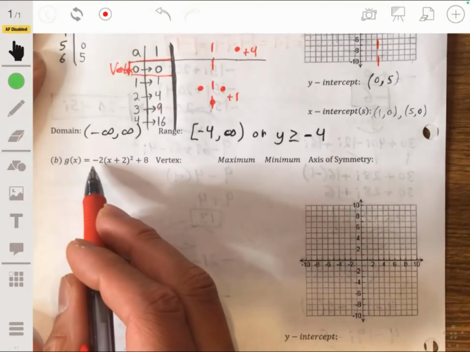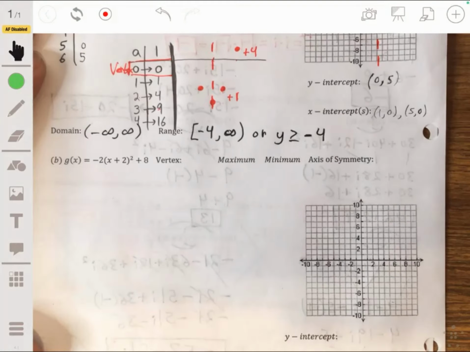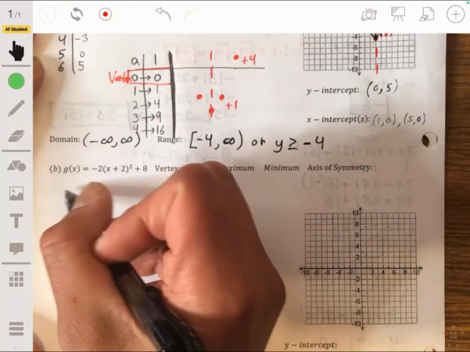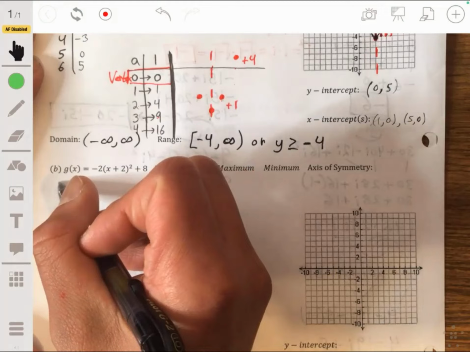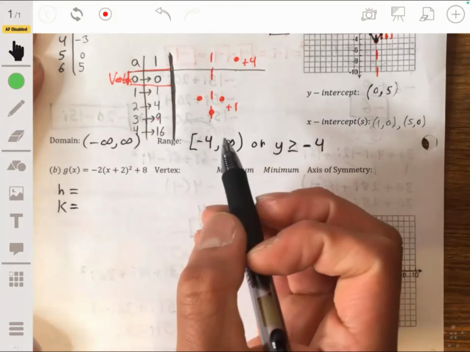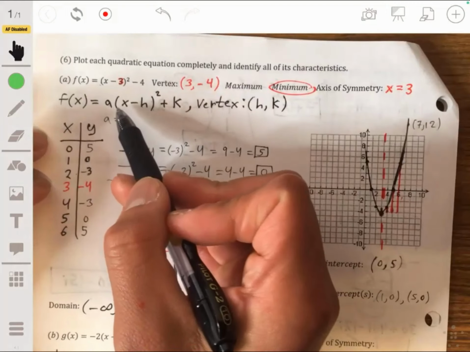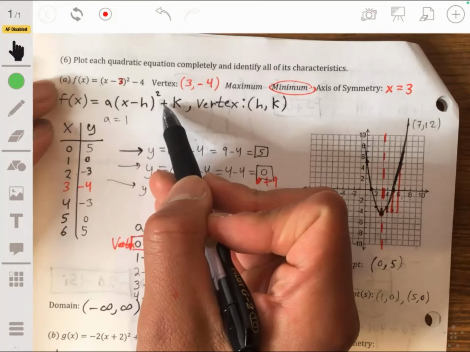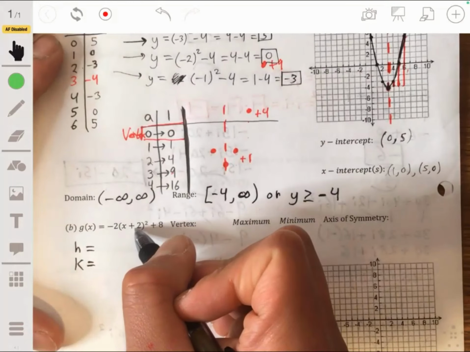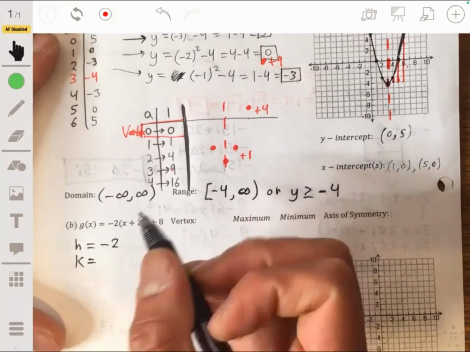So we have vertex form again. So remember, you want to find the h and k. Vertex form is a times x minus h squared plus k. The h is going to be -2 because it says +2.